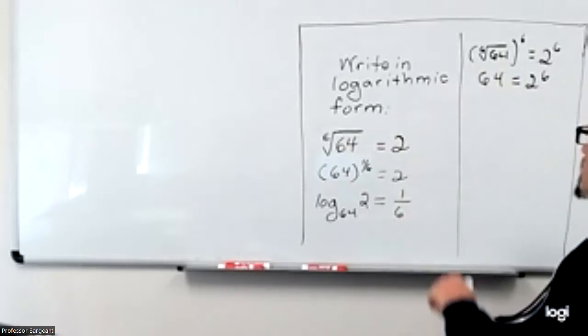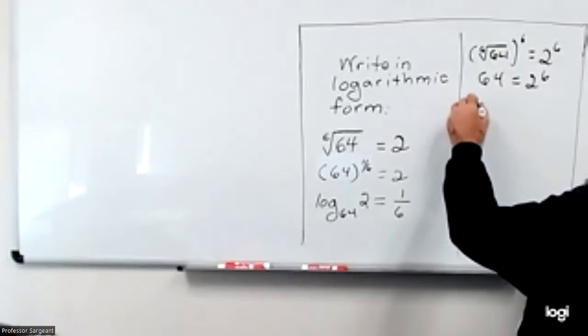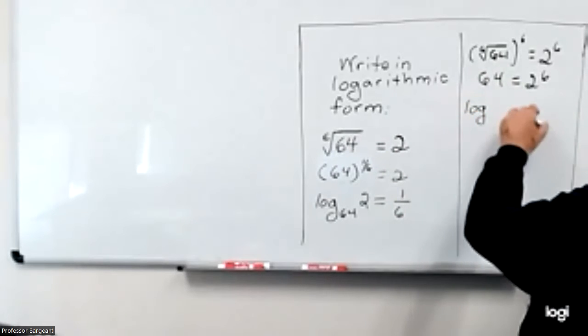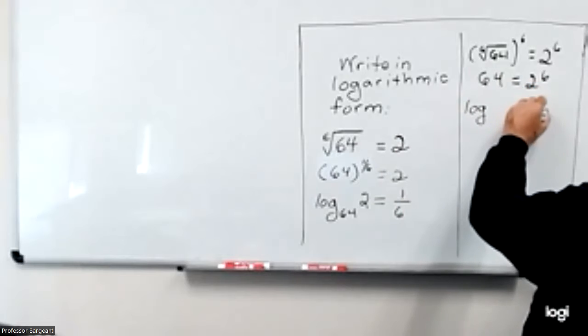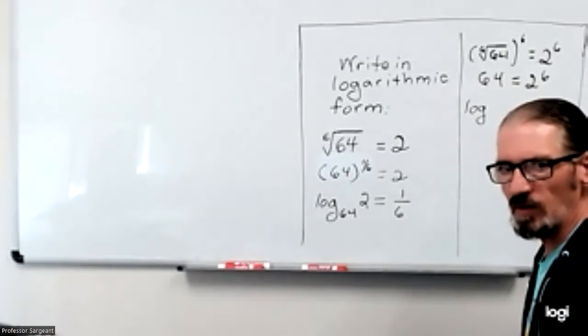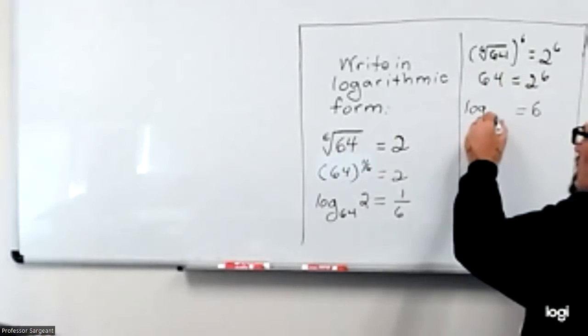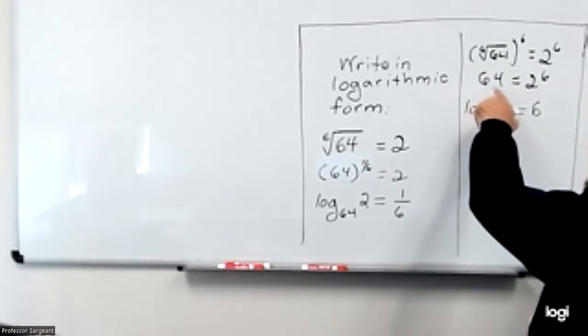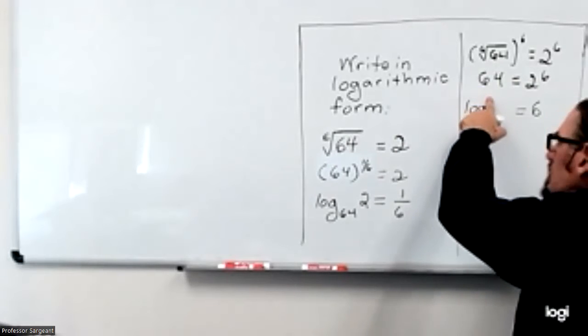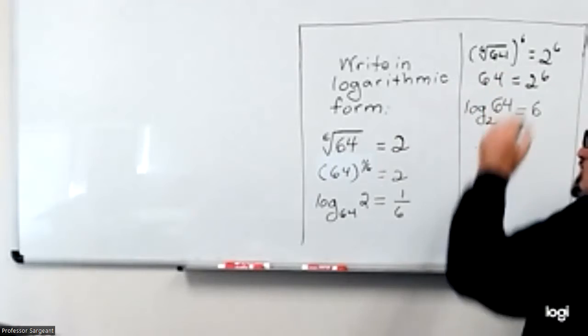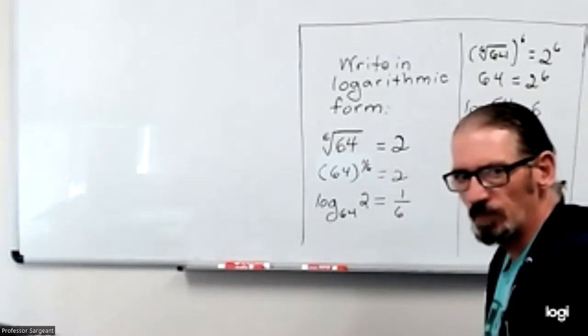And so what he did then was said, okay, the answer to a logarithm is an exponent. So now he sees the 6 as an exponent instead of a 1/6, and the base he had as 2. So by a process of elimination, taking the logarithm of 64 in base 2.